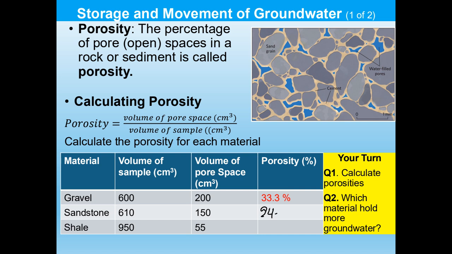Again, always remember to multiply this by 100. And for the other one, for shale, you have 55 divided by 950. And this one gives me 5.8%. Okay? So it's very simple. Divide the empty space by the volume of the sample. You get the number, you got the porosity.